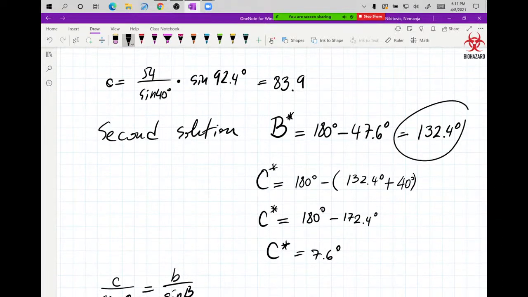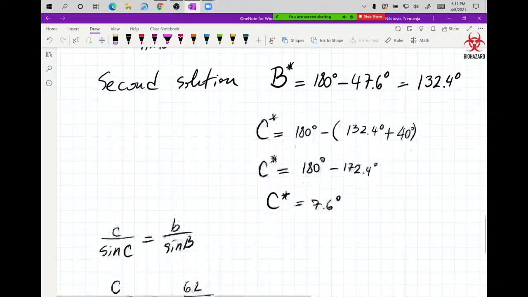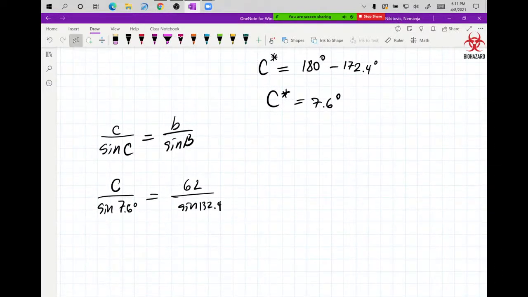It's right here, hidden in plain sight, like autobots. So C is equal to 62 sine 7.6 degrees divided by sine of 132.4. And that's going to give us the second set.